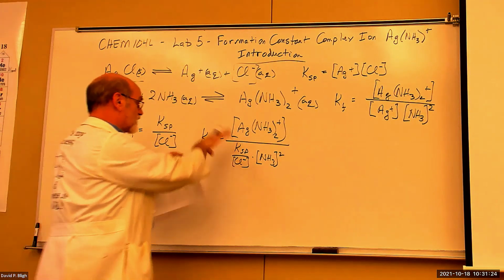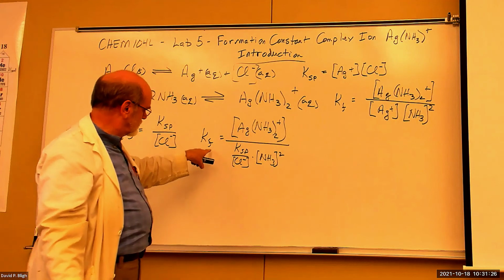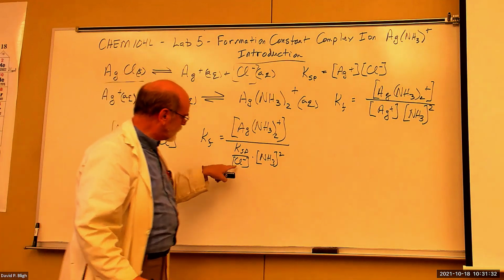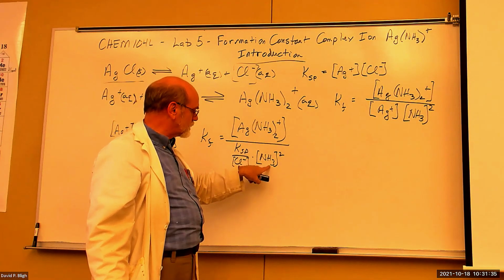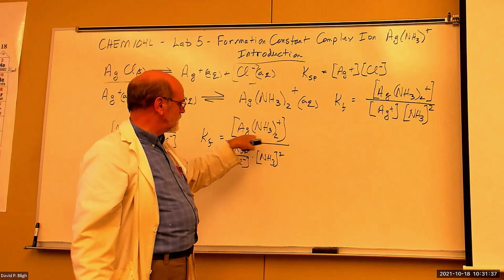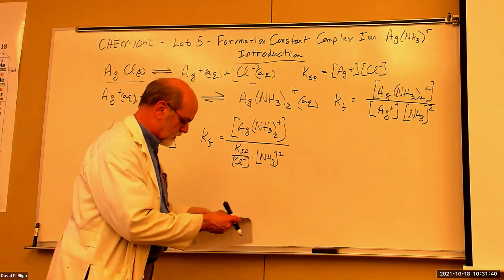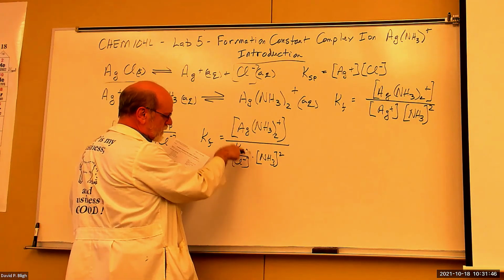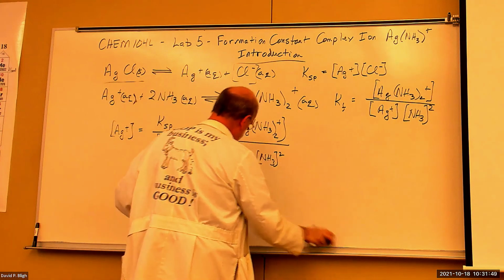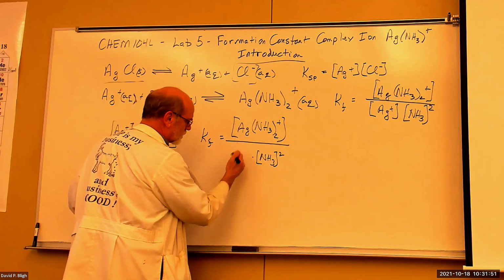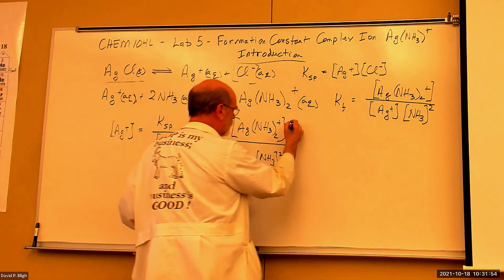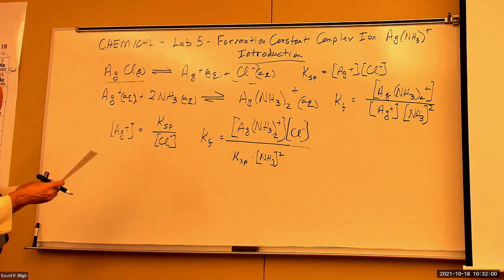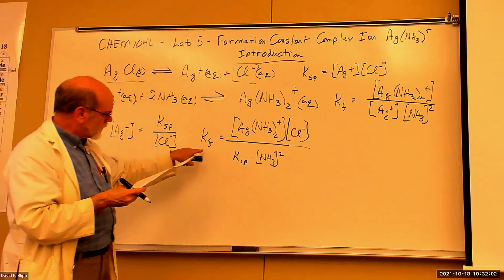Now we've got an expression for all of it together, and what we need, at the equivalence point, is the chloride concentration, the ammonia concentration, and the complex ion concentration. If we resolve this, the denominator of the denominator is the numerator, so we take this KSP and put it up here. That's our equilibrium expression for determining this.